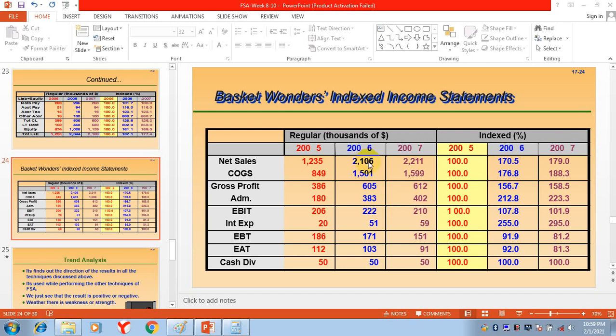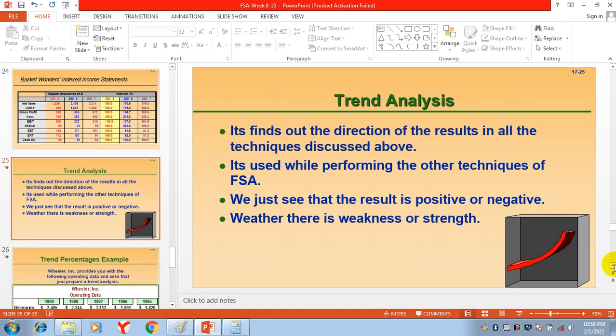Now to convert to percentages, this divided by this, we got this. This divided by this, we got this. In this way, we will convert the income statement to percentages. So one is horizontal analysis and one is vertical analysis. Inshallah, in the next class, we will discuss trend analysis.